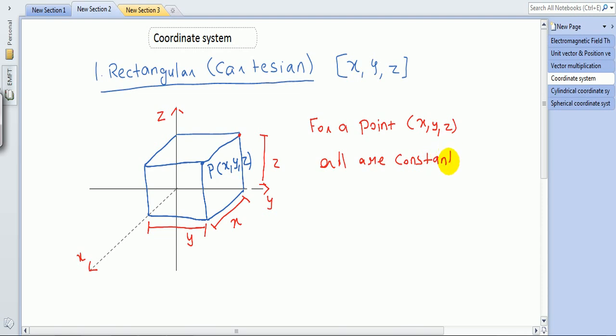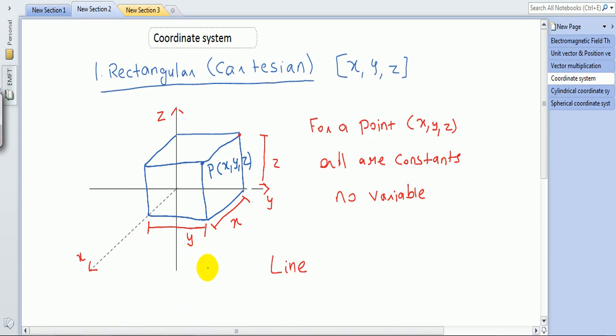All the three parameters are constants. There will be no variable required to locate the point. Now, if I want to locate a line, how can I locate a line?